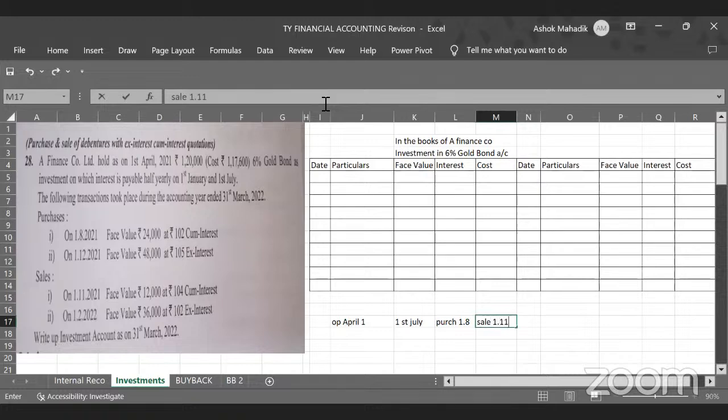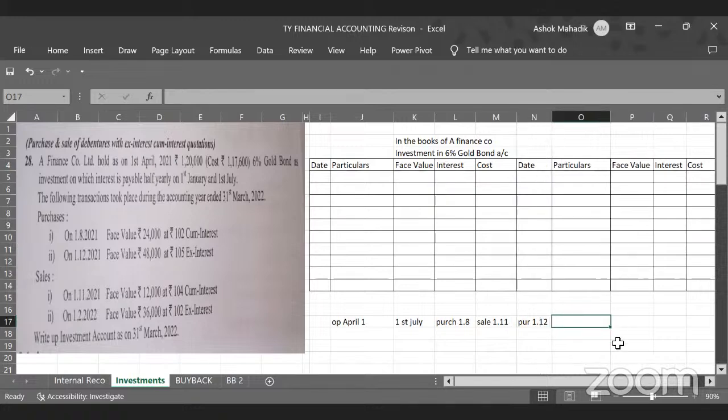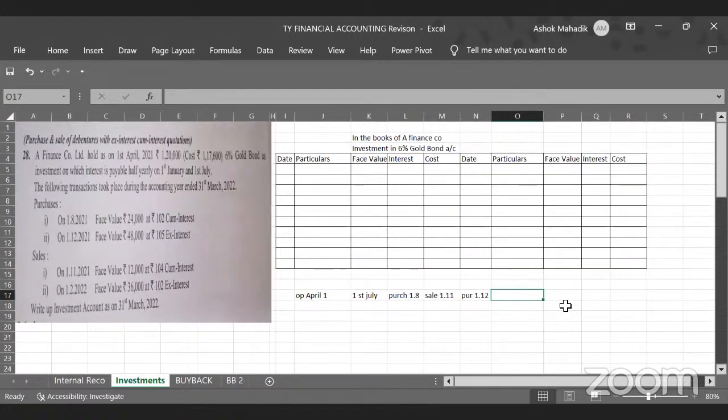So we have to arrange all the transactions so that you don't miss any entry. After 1st November, first December purchase is there again. Purchase first December. Then after first December we have first January interest.